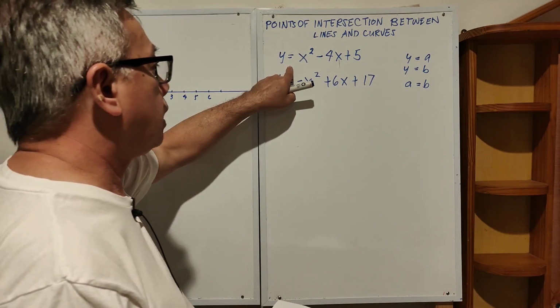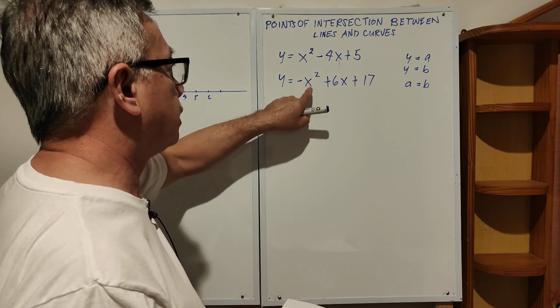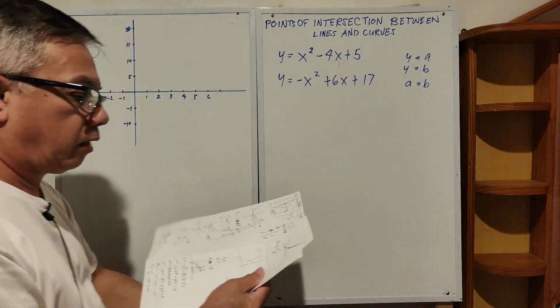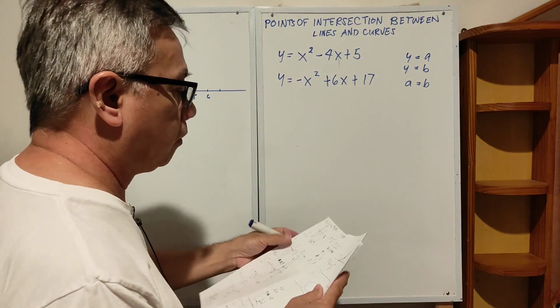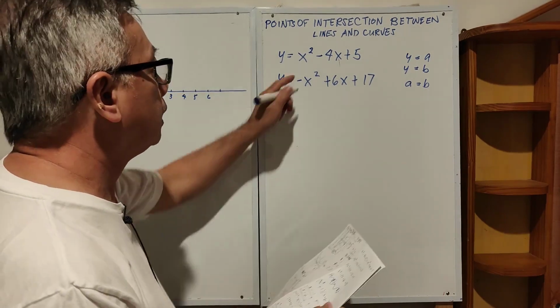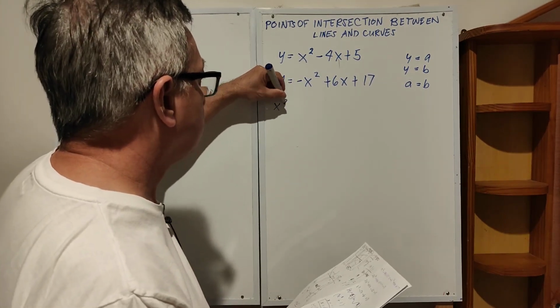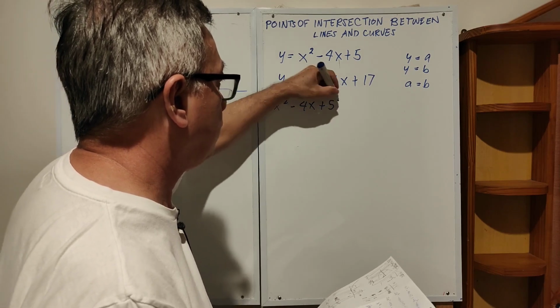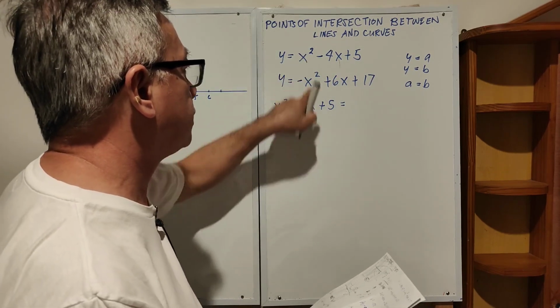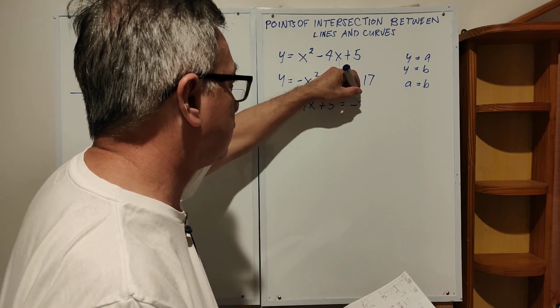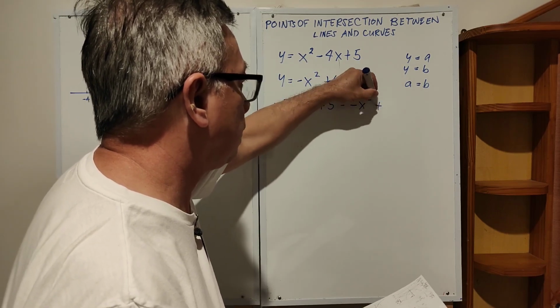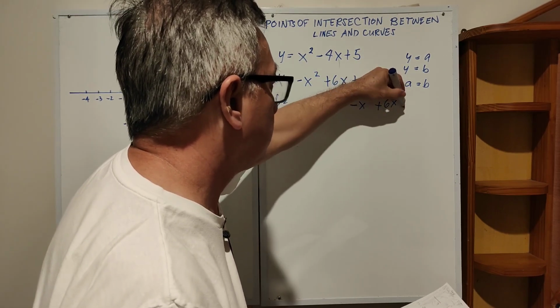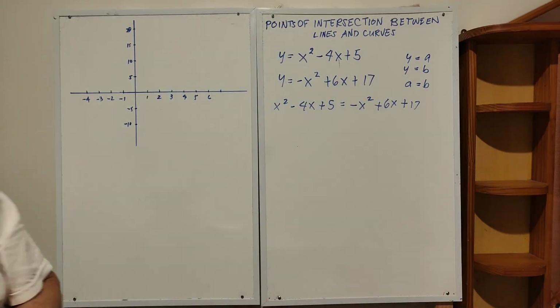That will look like this: x squared minus 4x plus 5 is equal to negative x squared plus 6x plus 17.